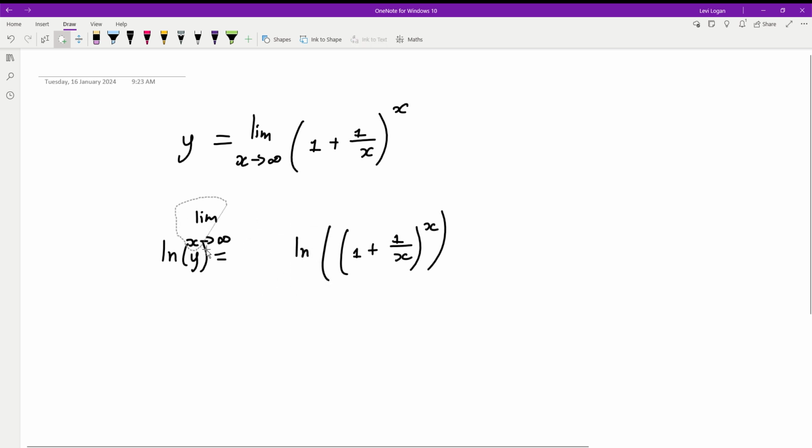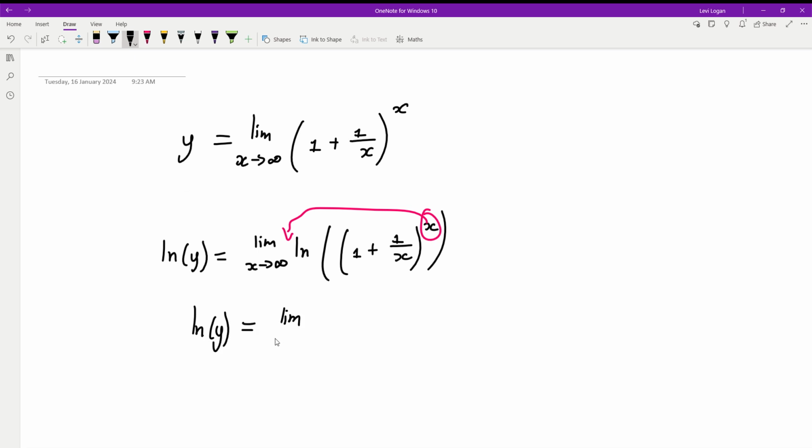So I'm just going to put the limit back now. What we can do is bring this power of x down the front. So we could write it technically like this: the limit as x goes to infinity of x times natural log of 1 plus 1 over x.